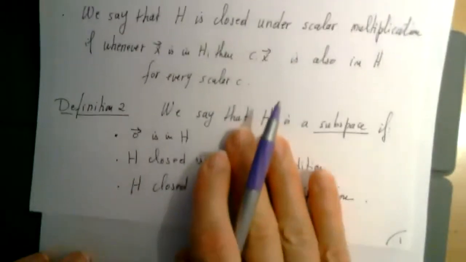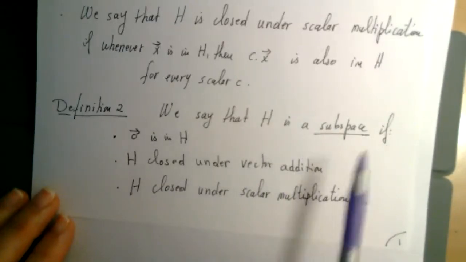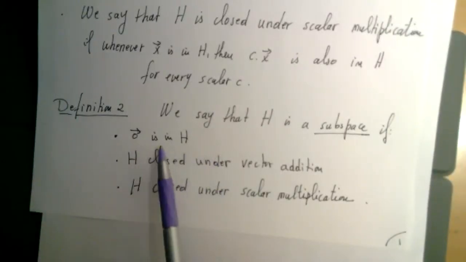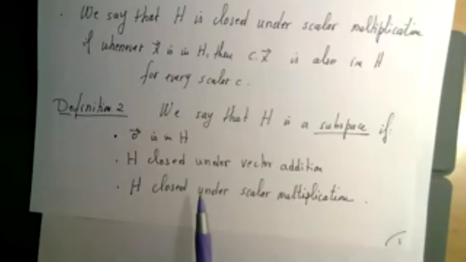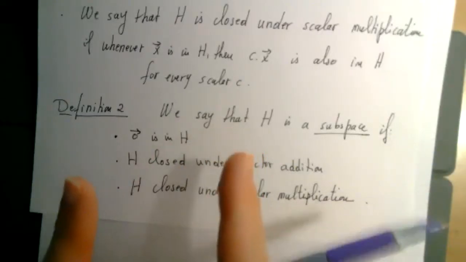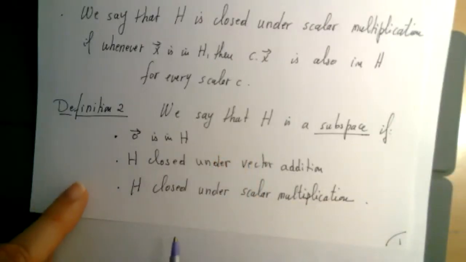What does it mean to say that H is a subspace? We say that H is a subspace if it satisfies three conditions, not one, three. First, 0 has to be one of the vectors. Second, H has to be closed under vector addition. It means if you start with any two vectors and add them, the new one has to be also one of the vectors in your collection.